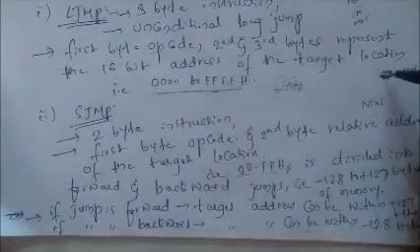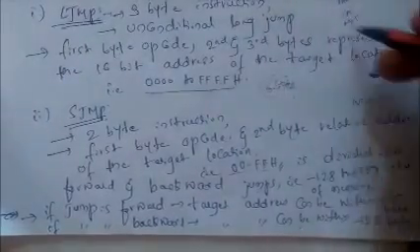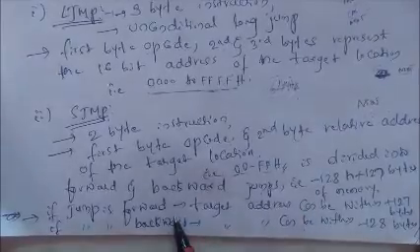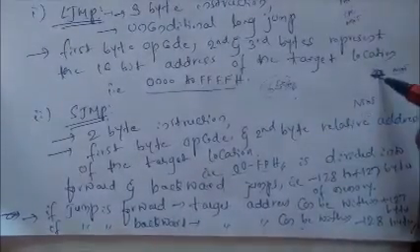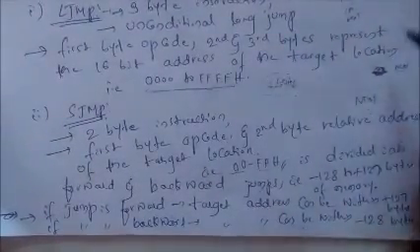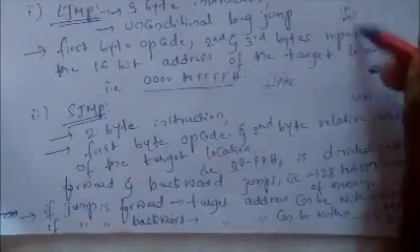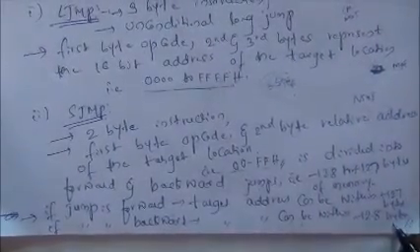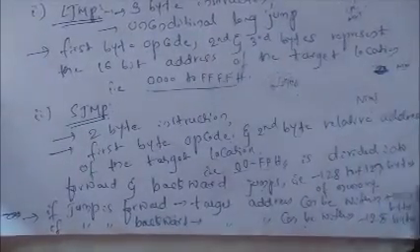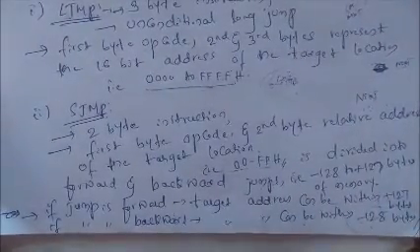If it is backward, it is a jump from the present execution line backward. For a forward jump, the range will be plus 127 bytes. For a backward jump, the range will be minus 128 bytes.